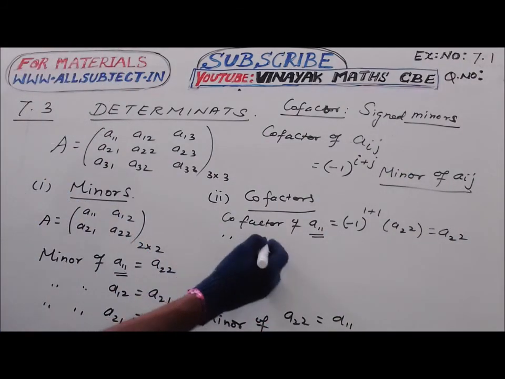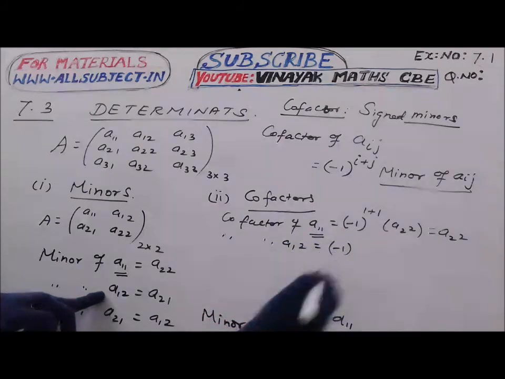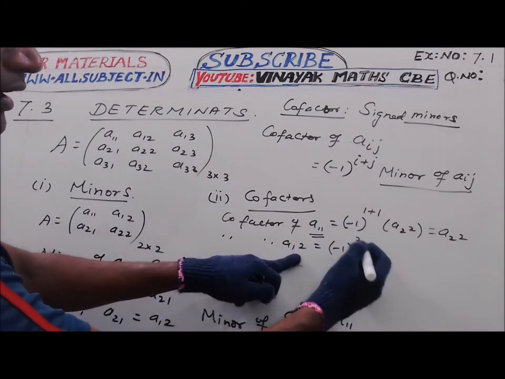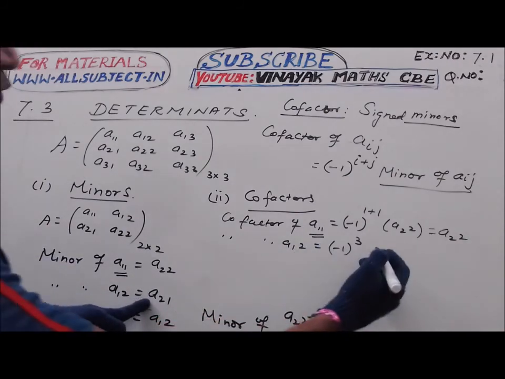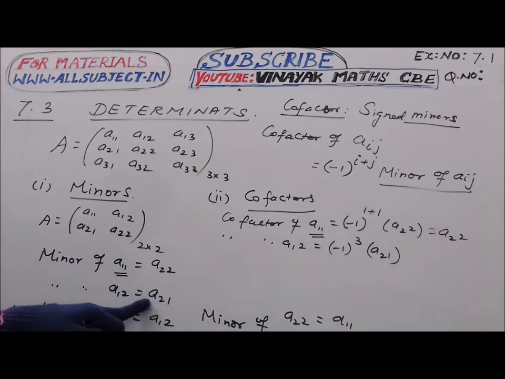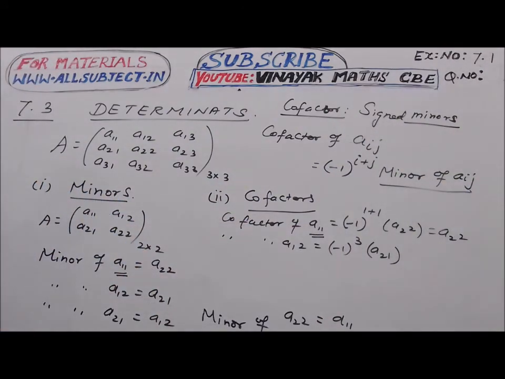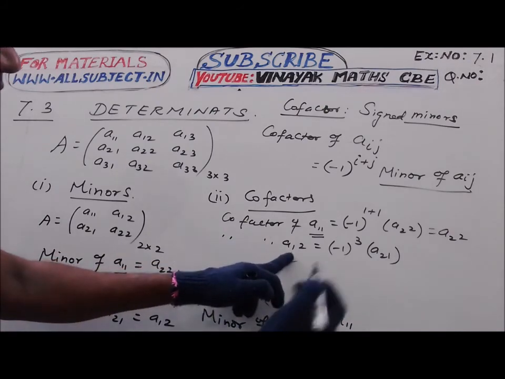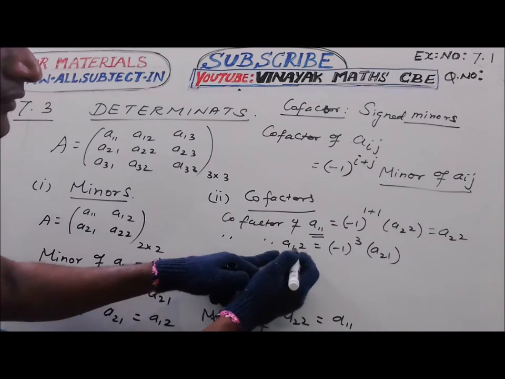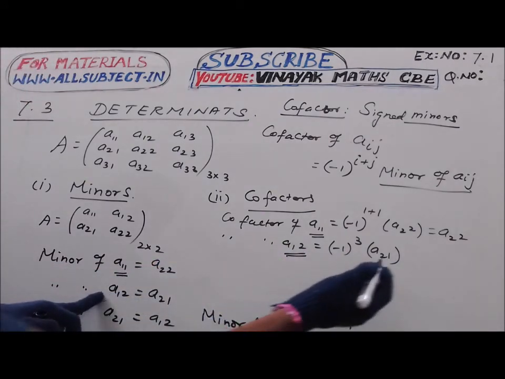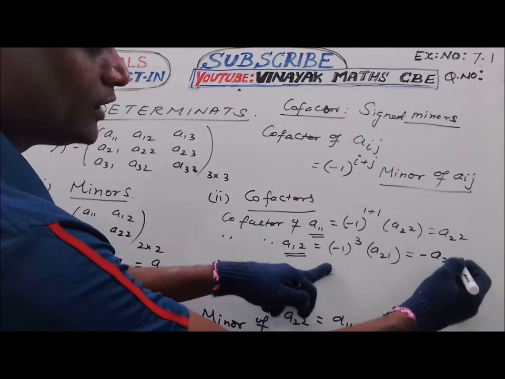And then the cofactor of the second one, A12, equal to minus 1 power 1 plus 2, which is 3, into the minor of A12. Are you clear now? Minus 1 power i plus j into the corresponding minor value. The minor of A12 is A21, so it is equal to minus 1 power 3, which is minus 1, so minus A21.